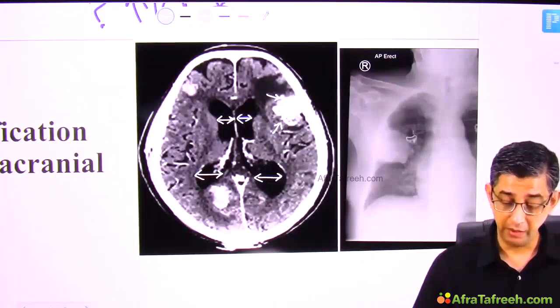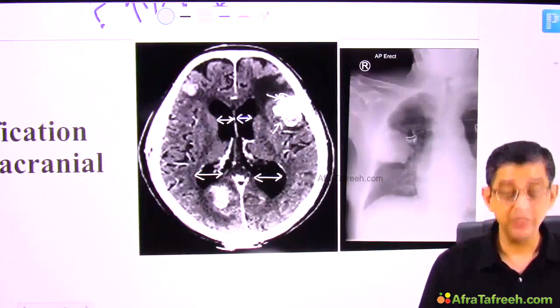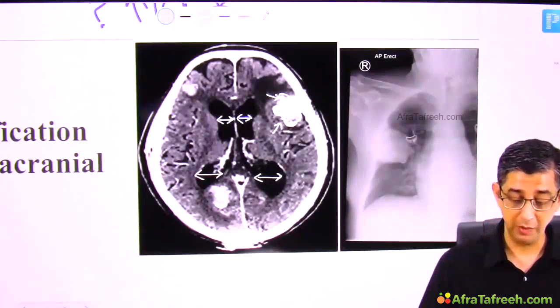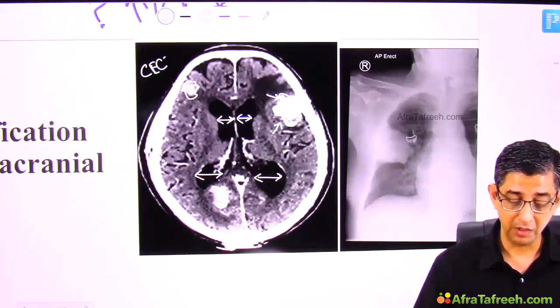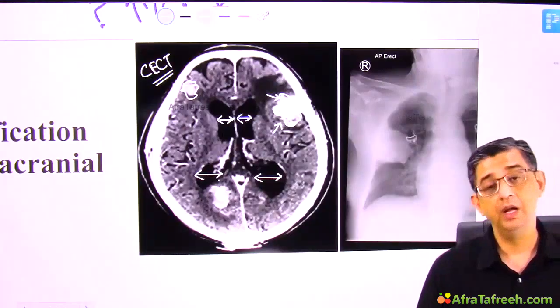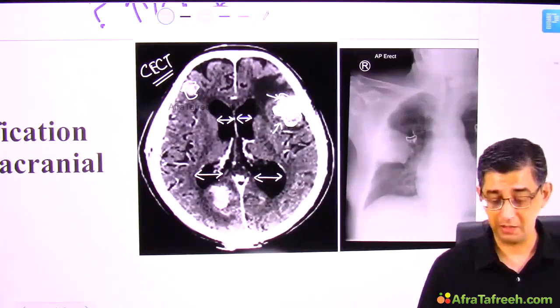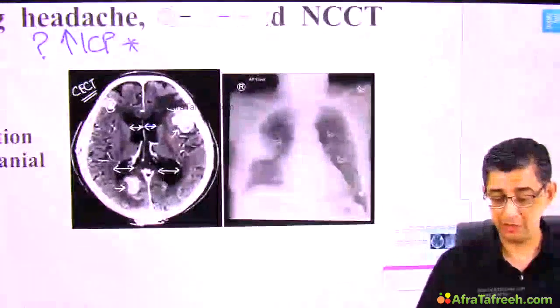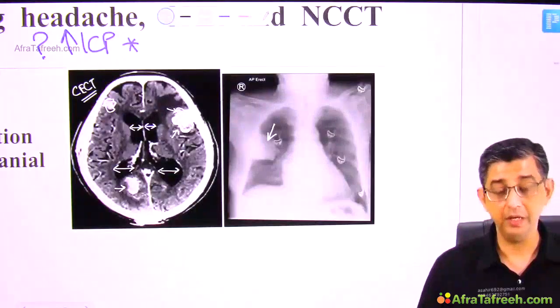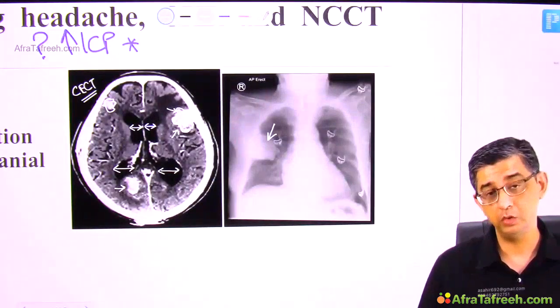But considering the irregular appearance of the lesion highlighted here, and the irregular mass noticed even on the contralateral side, this is a contrast enhanced CT scan of the head, and there are definitely metastatic deposits in the brain. If you look at the X-ray of this patient, it's very nasty. There's definitely a lesion in the right middle zone.